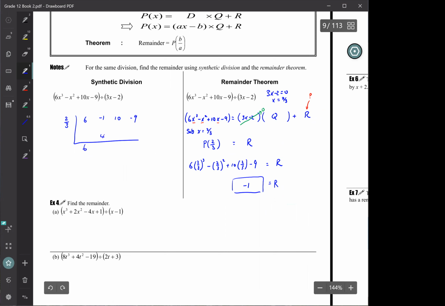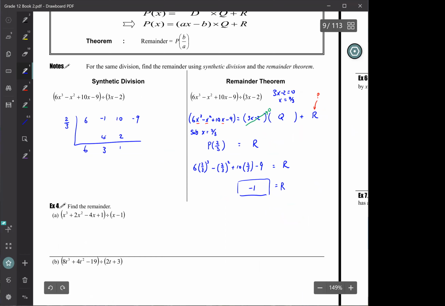I'll give you 4, 3, 2, and then what? 12, right? 8, -1. Okay, so this also works, right? So it matches the two sides, right? The same.